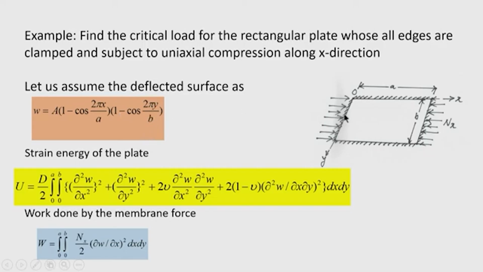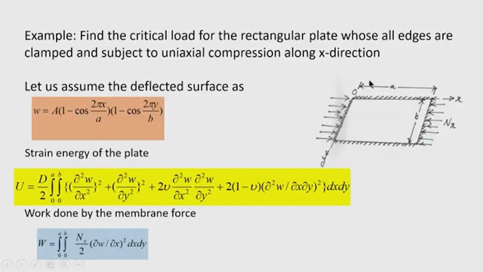It is easily verified that these two functions satisfy the conditions of clamped edges. What are the conditions of clamped edges? Two conditions should be present at the clamped edges. One condition is that deflection is 0 at the clamped edge, and another condition is that the slope along the normal direction is 0.